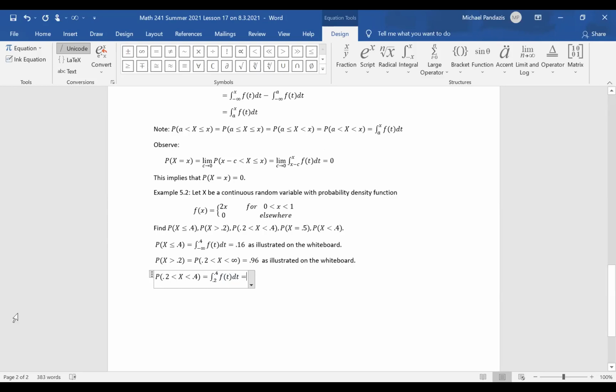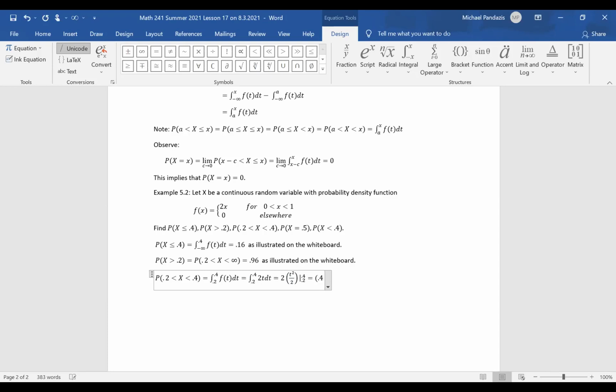So this is the PDF f from 0.2 to 0.4, and f of t there is 2t dt, and so you integrate that, and you get 2 times t squared divided by 2, evaluated from 0.2 to 0.4, and the 2 and 1/2 cancel, so you get t squared from 0.2 to 0.4.